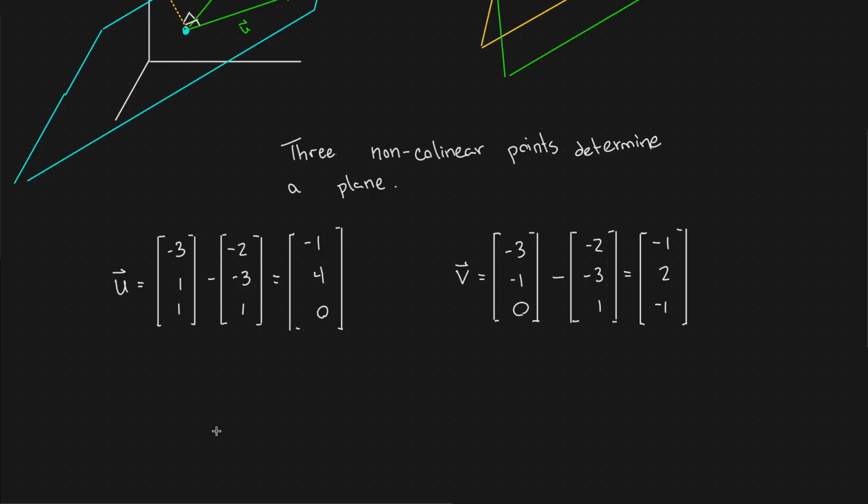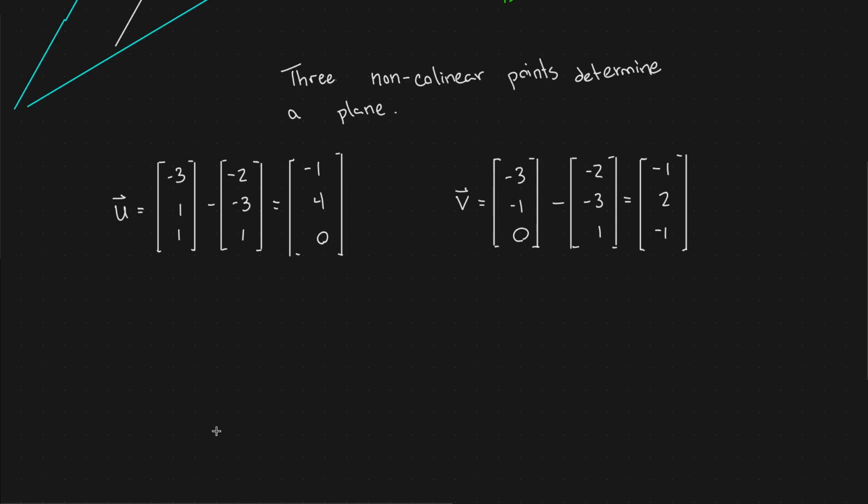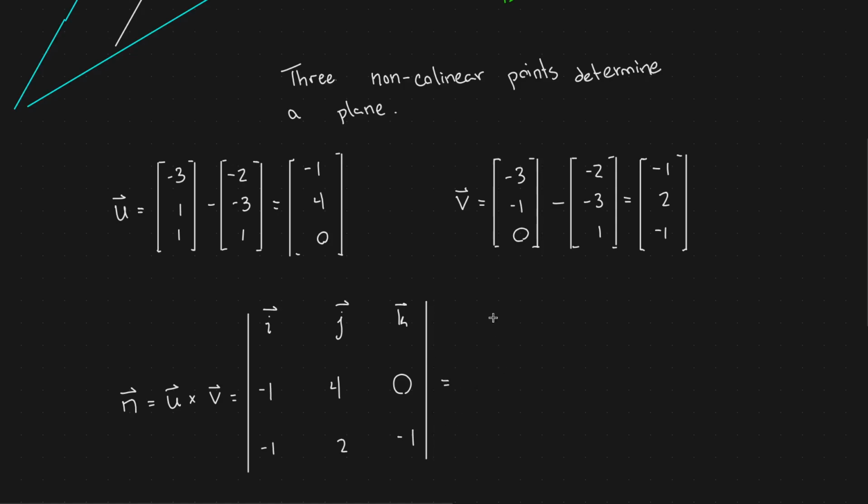Okay, so now that I have two vectors that are parallel to the plane, I'm going to find a vector orthogonal to both of these by taking their cross product, and that will be my normal vector. To take the cross product, I'm going to take the determinant of a matrix where the first row is i, j, k. The second row is vector u, (-1, 4, 0). And the last row is vector v, (-1, 2, -1). I'm just going to very quickly take this cross product.